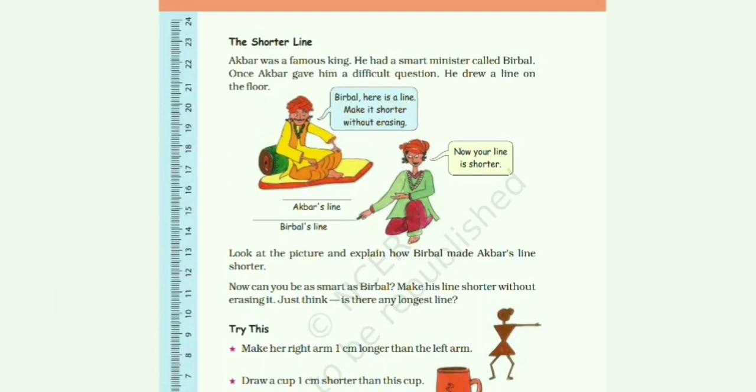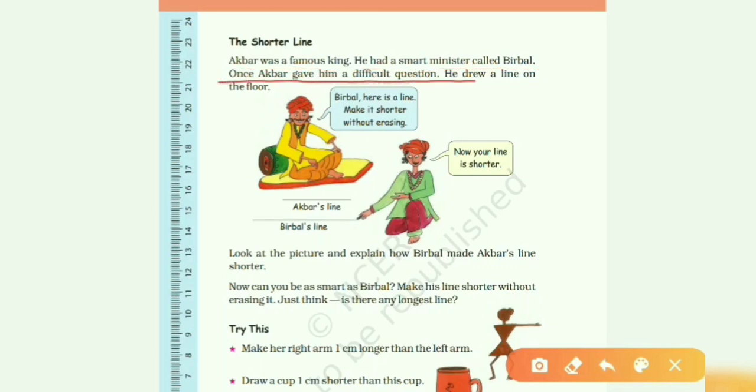Look at your textbook. Akbar was a famous king. He had a smart minister called Birbal. Once Akbar gave him a difficult question. He drew a line on the floor. Here Akbar was a very famous king.